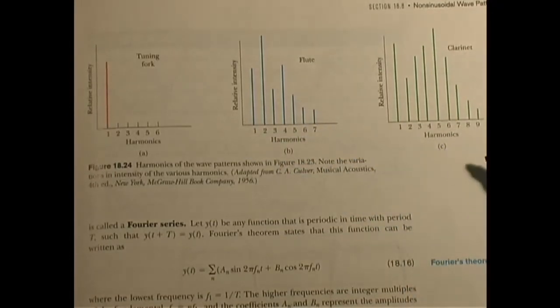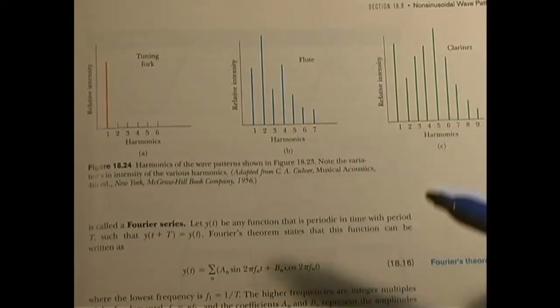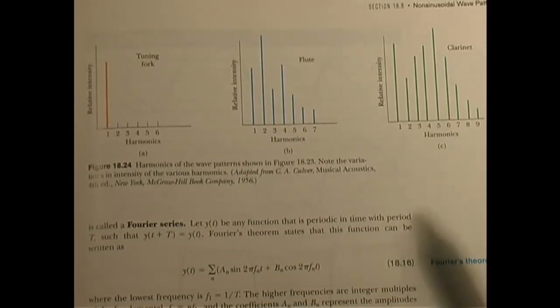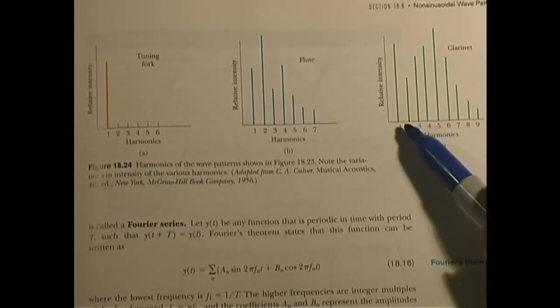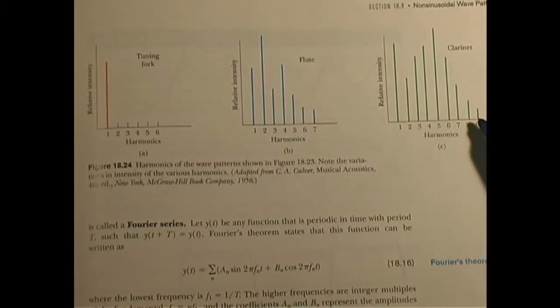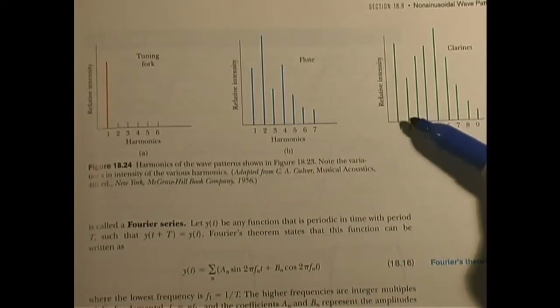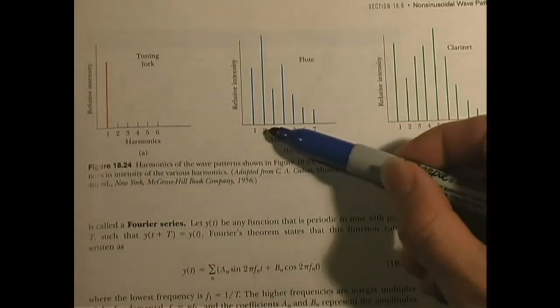Now, the next one is the clarinet. With the clarinet playing the same tune, you're going to have the same Fourier components: the same F1, F2, F3, F4, and so on. But why does it sound like a clarinet instead of a flute, even though they're playing the same tune? It's because the spectrum is different. Here, the F2 component is rather low instead of rather high.